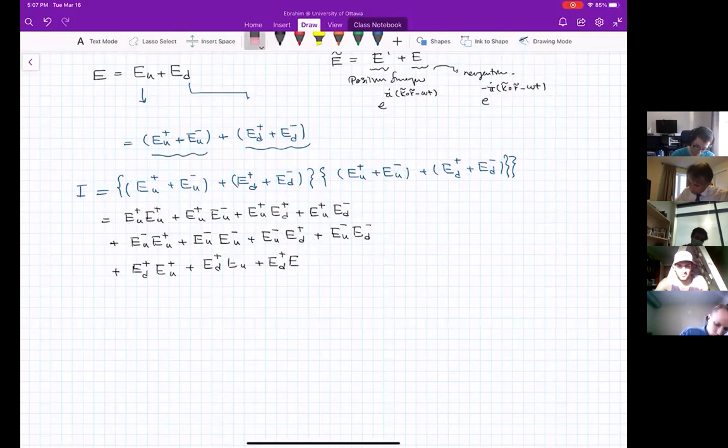Does it need to be the conjugate of the second terms or no? No, because they are real now. Yes. Okay. Cool. They are real. Thank you, of course.